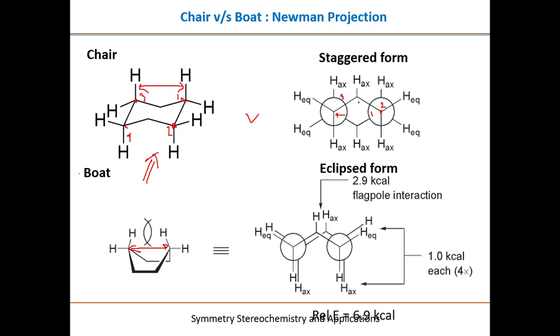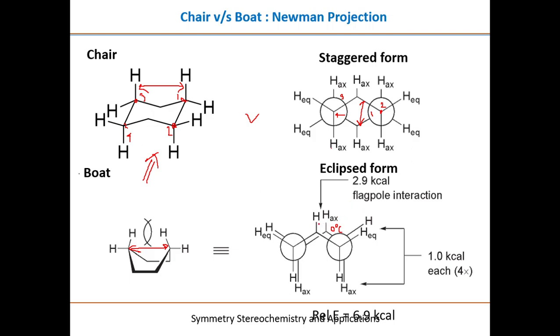Torsional strain means the dihedral angle between two bonds or two groups is 0. So here all the bonds are separated by 60 degrees. But in the boat form, you can see 0 degree dihedral angle is present. That means torsional strain is present in the boat form, but not in the chair form, because chair is a staggered one, and staggered is always more stable compared to the eclipsed one.